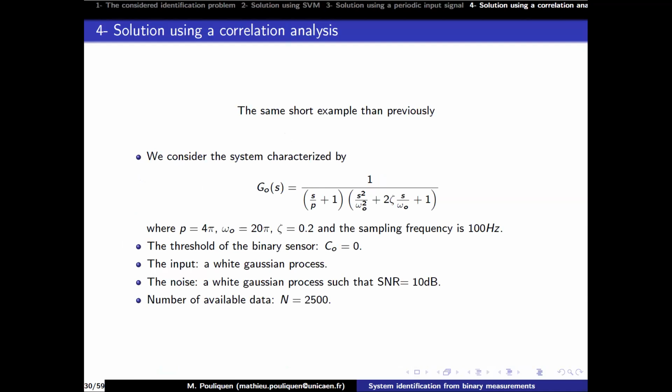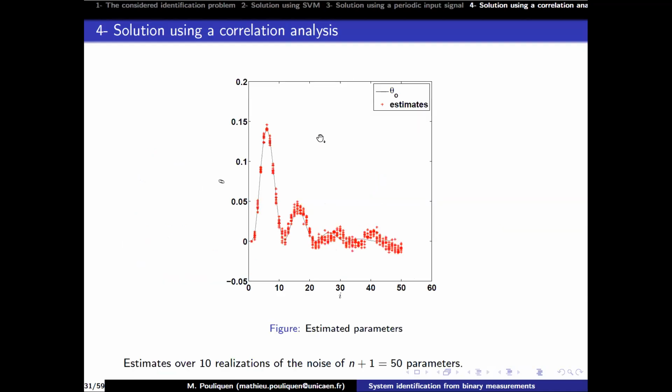I choose an input and a noise which are consistent with my assumption previously, and obtain with the same number of data than previously these estimates, better than previously, in my opinion. It seems that the variance is lower, but it seems that there is a bias. If you have enough data, this bias converges to zero. It is not a problem.